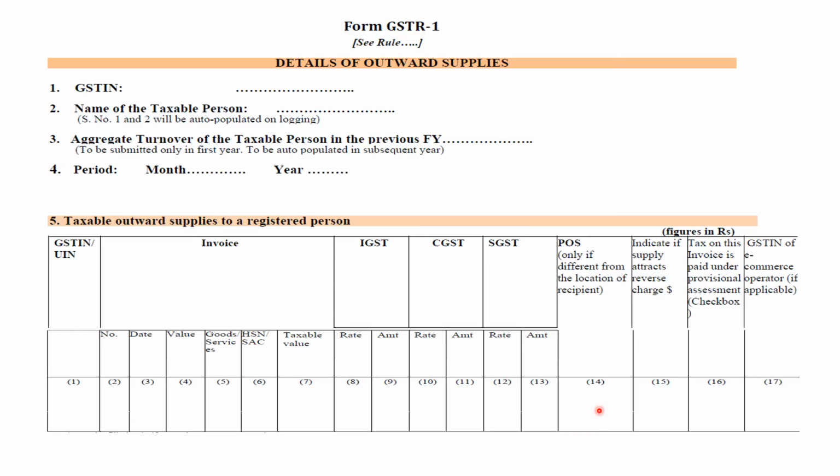If these are not different, then this will be blank. So assuming this is blank, if the first two digits, the state code, of both GSTNs are similar, it will be an intrastate supply, and CGST and SGST along with the cess will be levied on that transaction.